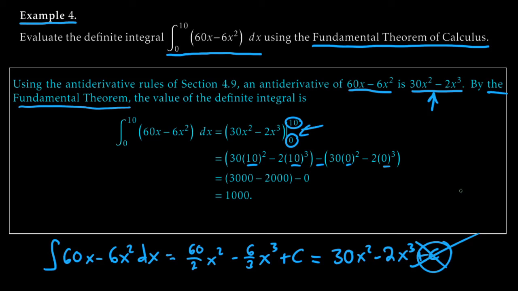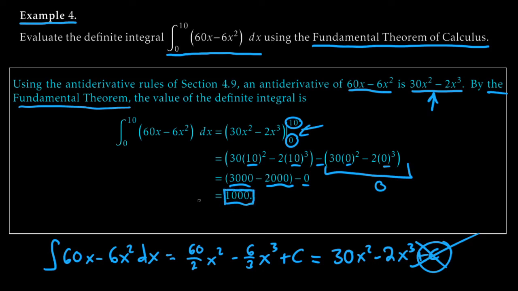So 30 times 10 squared, that's 30 times 100, that's 3,000. Minus 2 times 10 to the third, that's minus 2 times 1,000, that's minus 2,000. The second part of it, this whole thing over here, is just stuff times 0. So it's 0. So 3,000 minus 2,000, 1,000. Final answer.